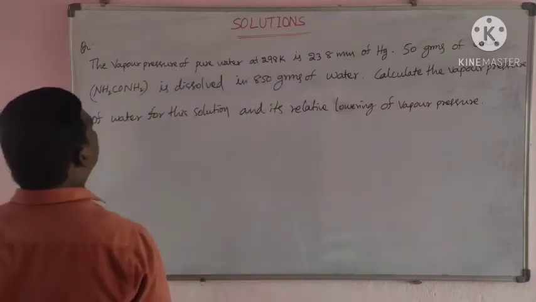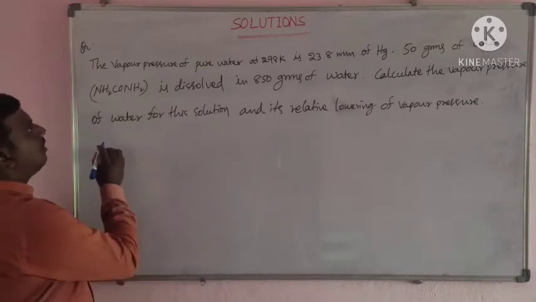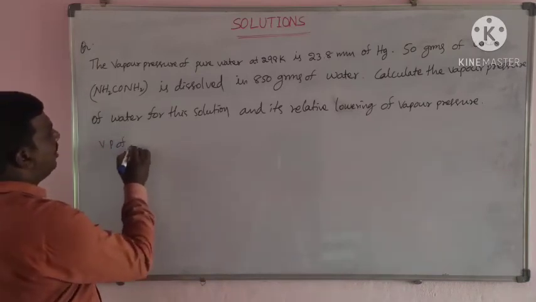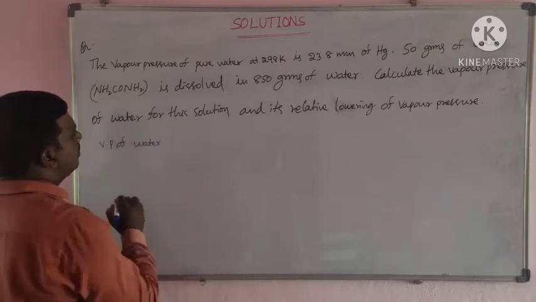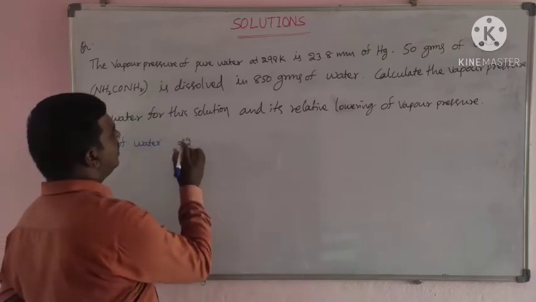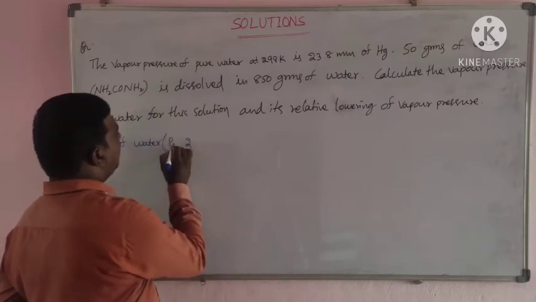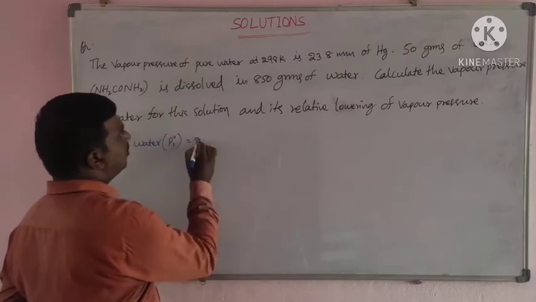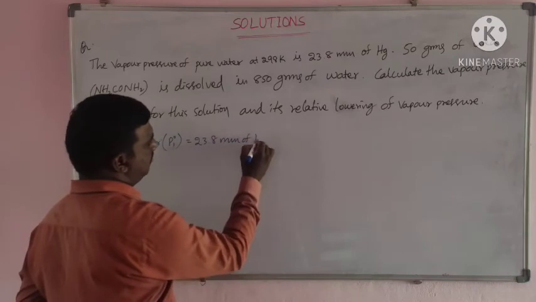Here, given values: vapor pressure of water, that is P1 naught is equals 23.8 mm of Hg.